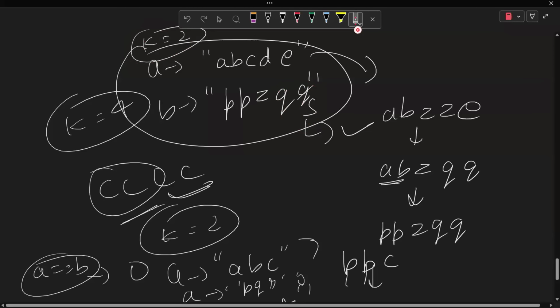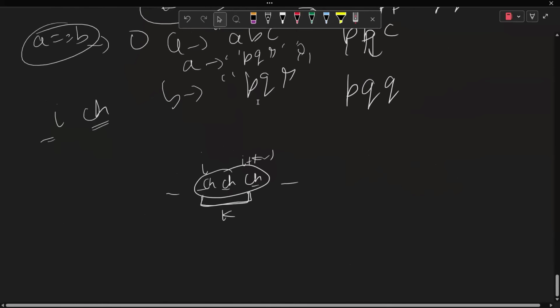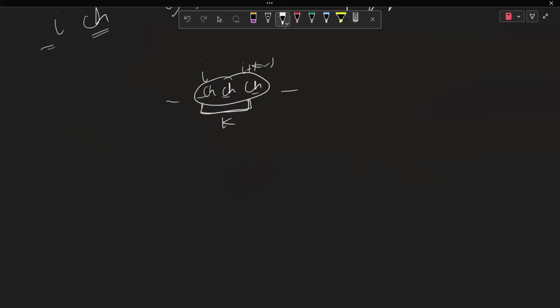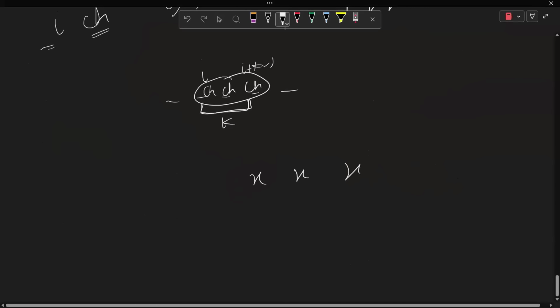So what you basically need to do is just find such a series of characters. Let's say with X I'm denoting the characters, so there are some X occurring K times.